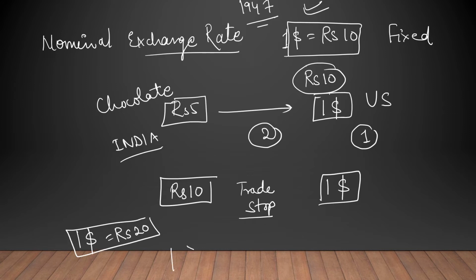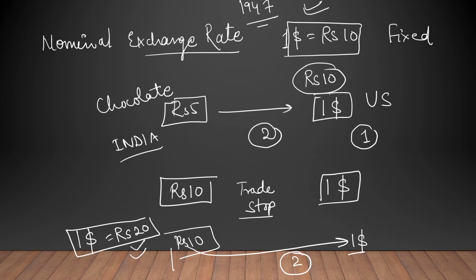Now the trade would start from India to the US, because now they can get two chocolates for that $1. The chocolate costs rupees 10, and while exchanging their $1 they get 20 rupees, so with these 20 rupees they can get two chocolates. So this is how, by the action of the RBI, trade is possible, because the RBI has devalued the Indian rupee from rupees 10 to rupees 20 so that trade is possible.